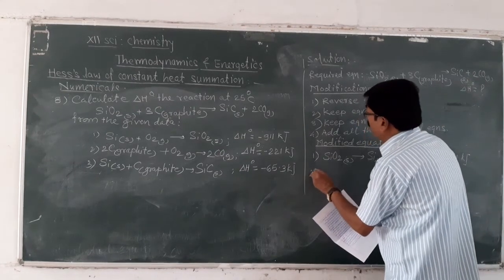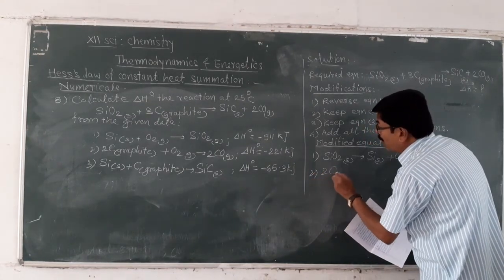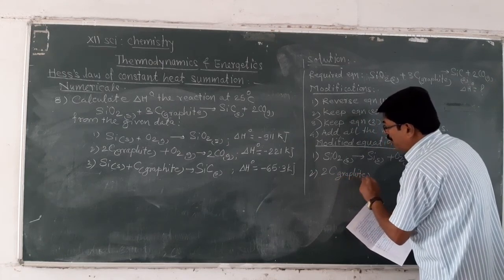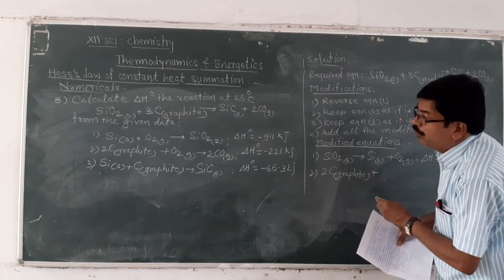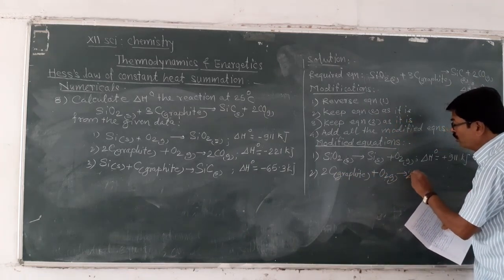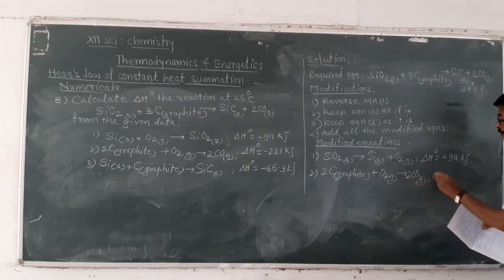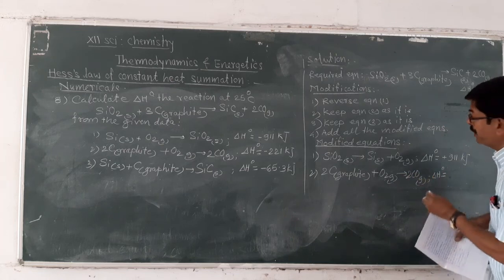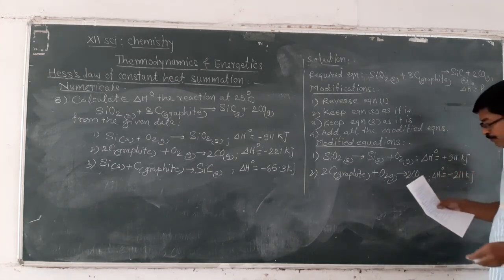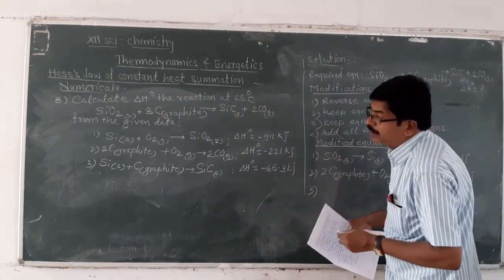Second, we have to keep equation 2 as it is. It becomes 2 carbon graphite plus O2 gas gives 2CO gas. Enthalpy same. Delta H naught is equal to minus 221 kilojoule. And third equation is also kept as it is.